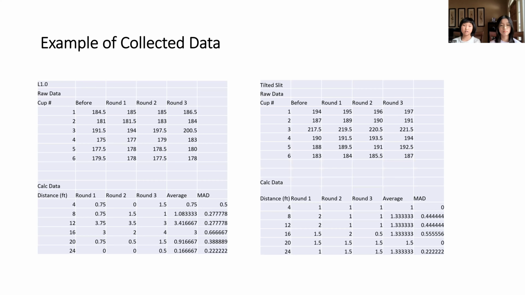The average is the average amount of water sprayed into the cup during only one round. And then the MAD is the mean absolute deviation, which is the average deviation from the average, and it just shows us the error basis.